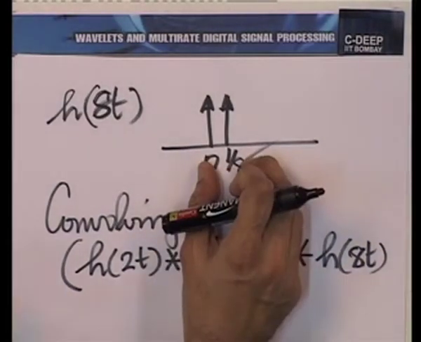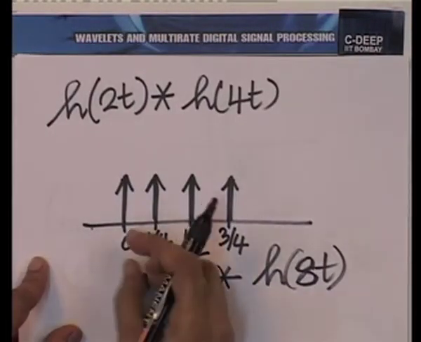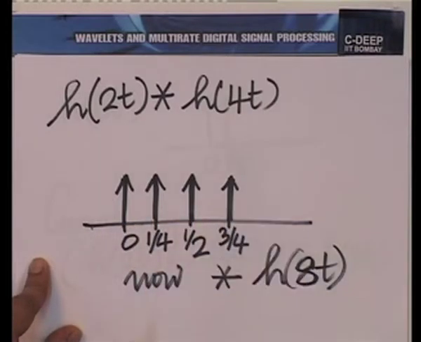Essentially this has to be located here, here, here and here, and all these relocated H of 8 t's should be added together.